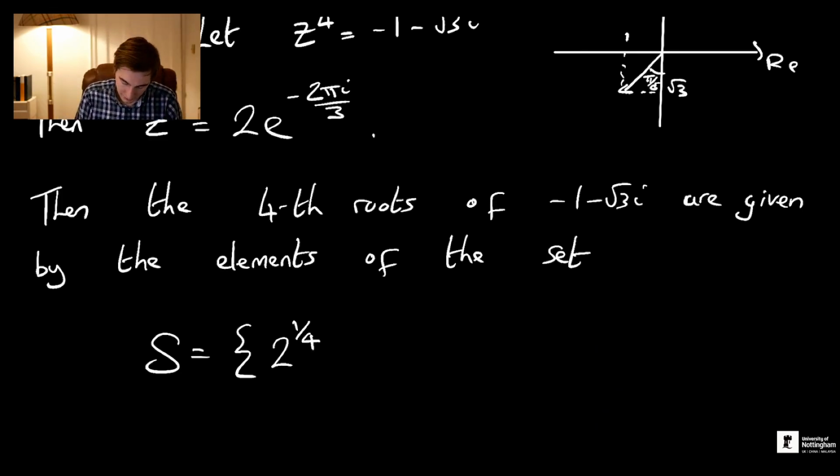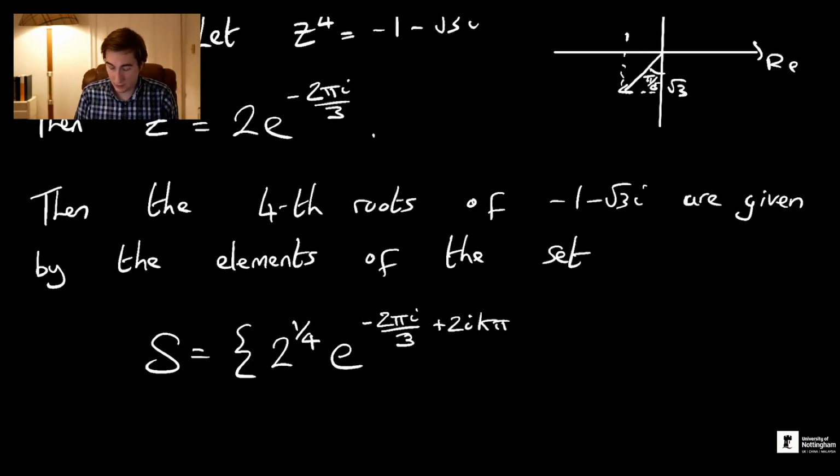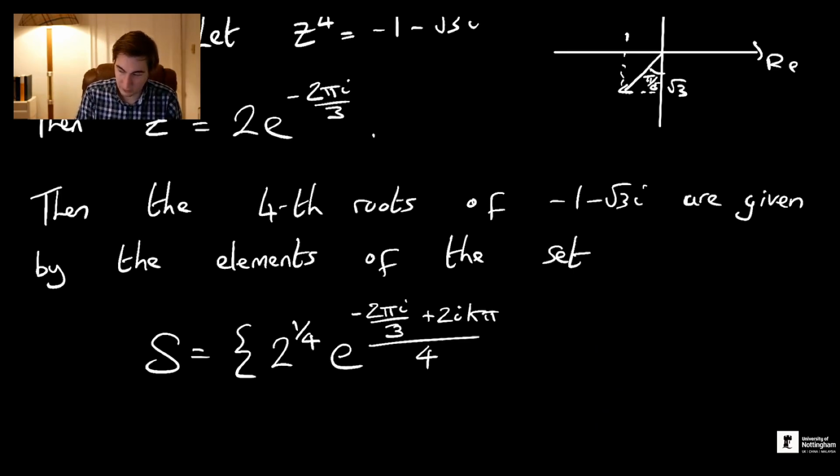So in other words, I get that I've got e to the minus 2 pi i over 3 plus 2i k pi, and then that whole thing is going to be divided by 4. So maybe I'll shift that up slightly so you know that's raised in the power. Everything there is in the power.